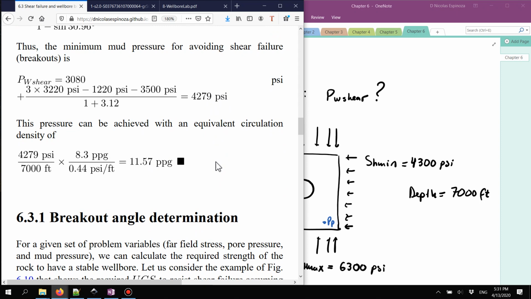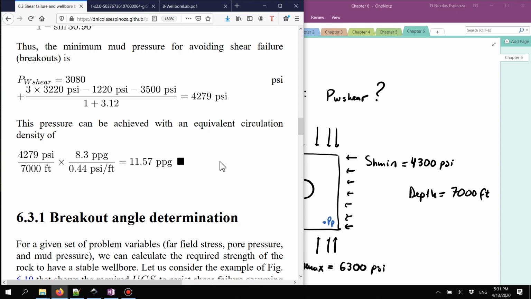Okay, but now, do we have to always avoid shear failure in wellbores? The answer is no. A little bit of shear failure is fine.